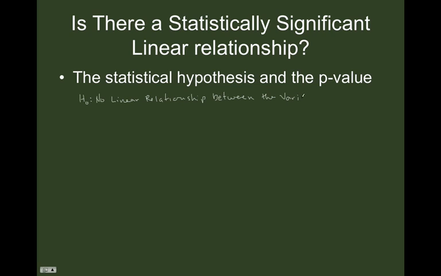I was going to say x and y, and I'll just put that up here parenthetically, or y and x. Y and x are the conventional letters we use to represent the dependent, which is y, and the independent, which is x. But we certainly don't have to use those particular letters.